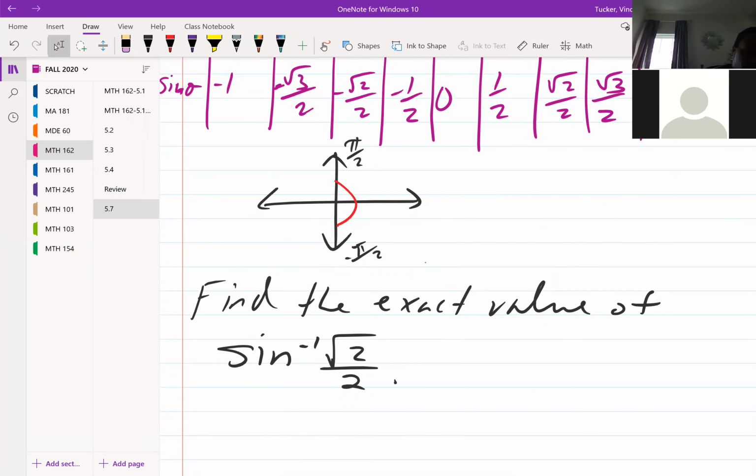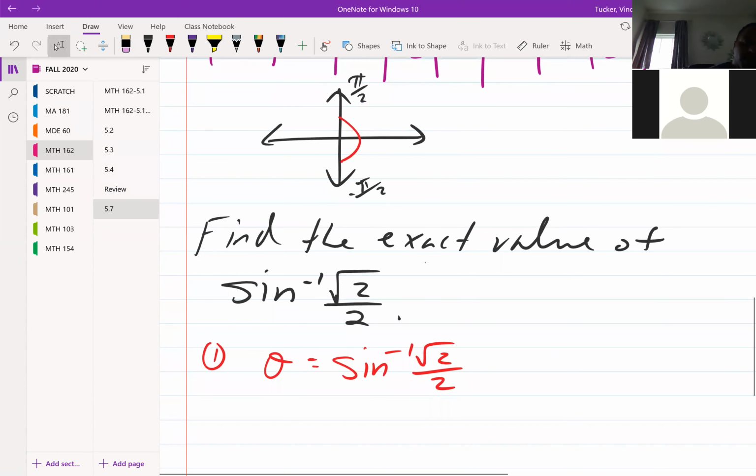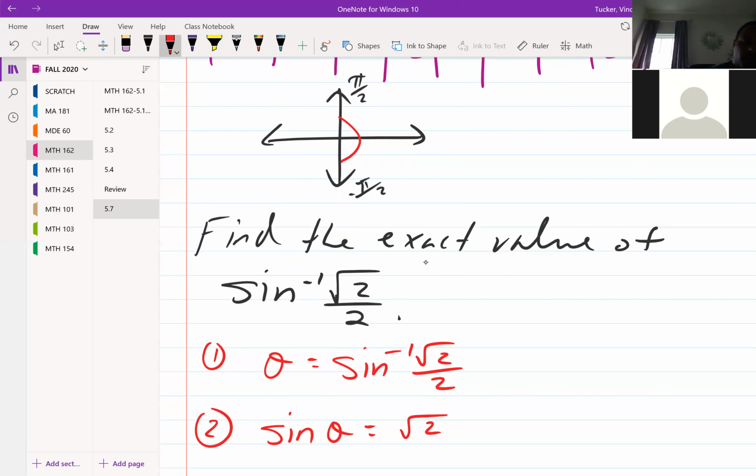So it wants to find the exact value of sine inverse of square root of 2 over 2. So first thing they tell us to do is let theta be equal to sine inverse square root of 2 over 2. Remember, inverse functions just undo what the original function did. So we're trying to undo what sine did or would do to square root of 2 over 2. All right. So then we're going to rewrite it as sine theta equal to square root of 2 over 2.